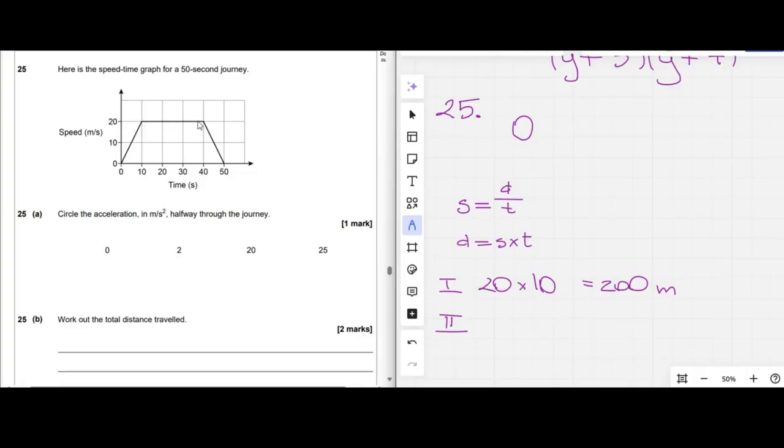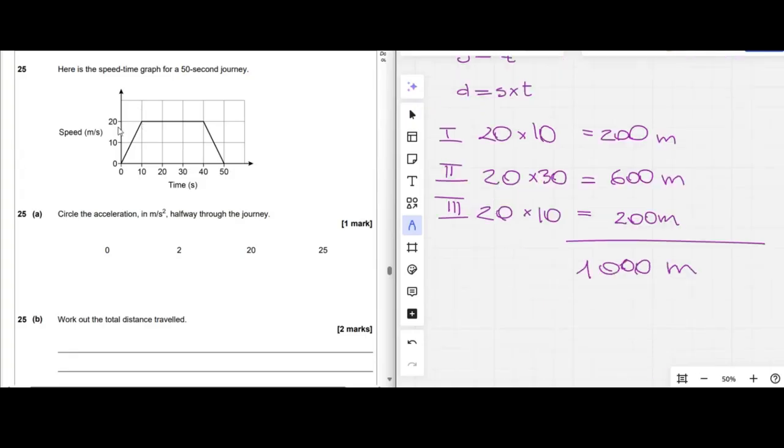In the second part, we have 20 again times 30 is 600. And in the third part, we had 20 again times 10, 200 again. With speed time graph, the distance is the area, I believe.